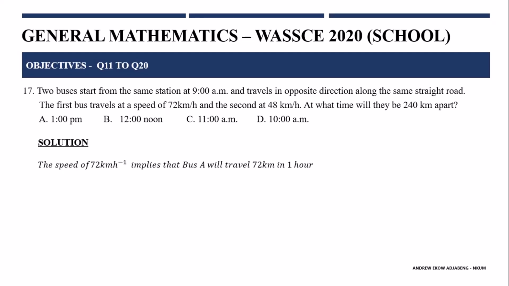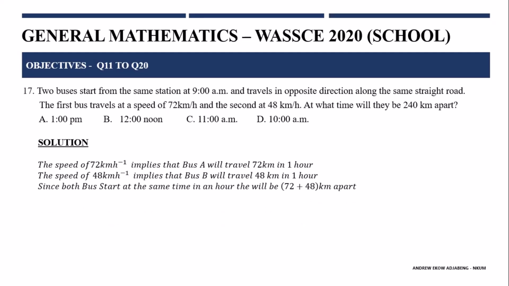So we know that the speed of 72 kilometers per hour implies that bus A will travel 72 kilometers in 1 hour. So for every hour, bus A travels 72 kilometers. Now the speed of 48 kilometers per hour also implies that bus B will travel 48 kilometers every hour.